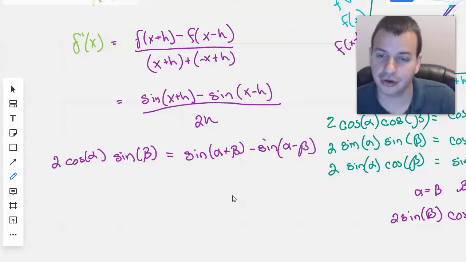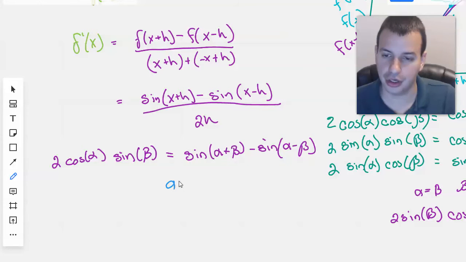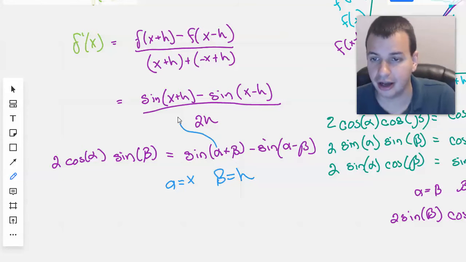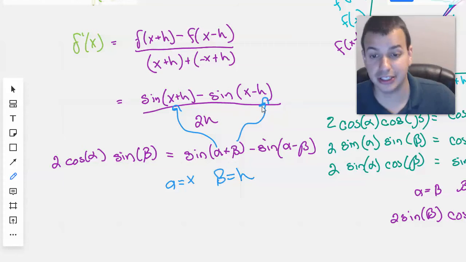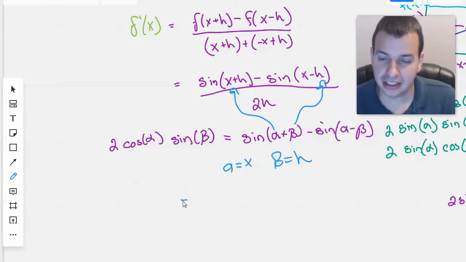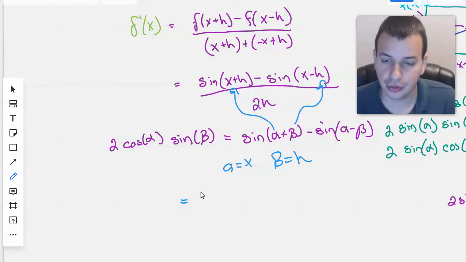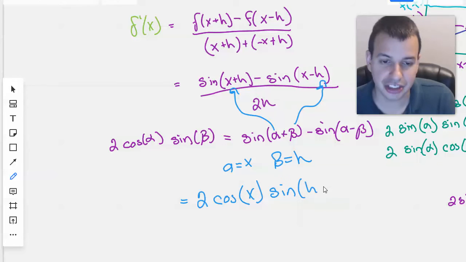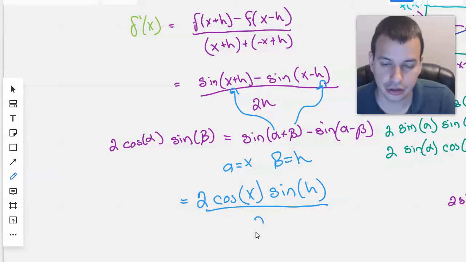Okay. So we're going to say that with our new equation, alpha equals x and beta equals h. So you see here, alpha x, beta h, we can kind of just plug things in. And so what we get then is this equation up here is equal to 2 cosine of, alpha is x, sine of h all over 2h.